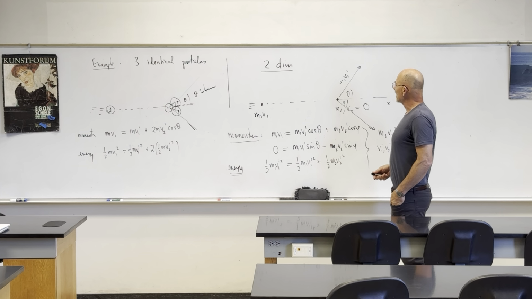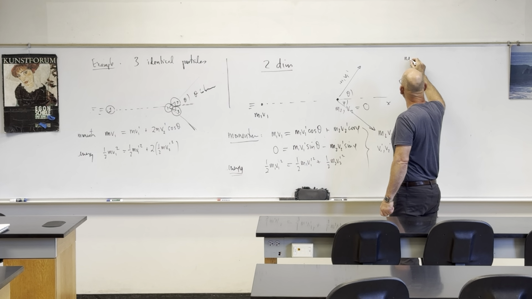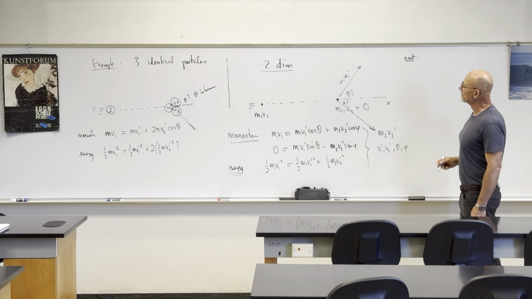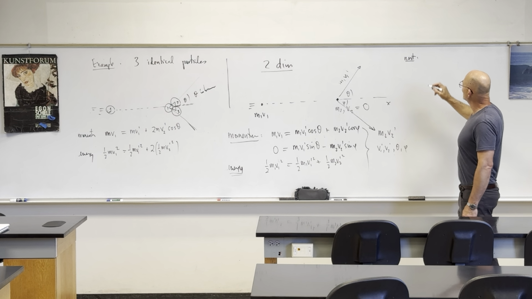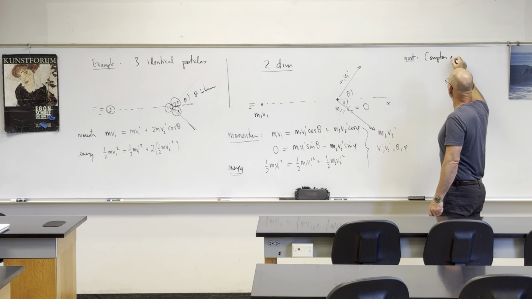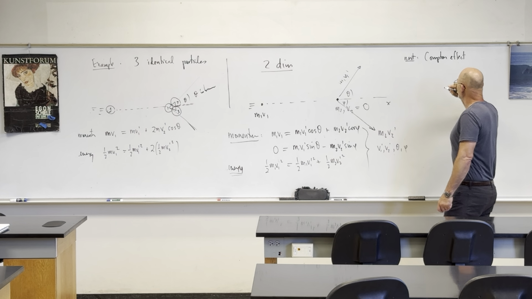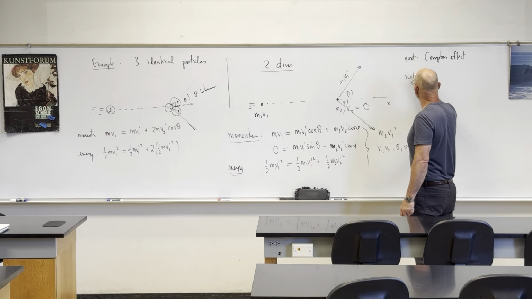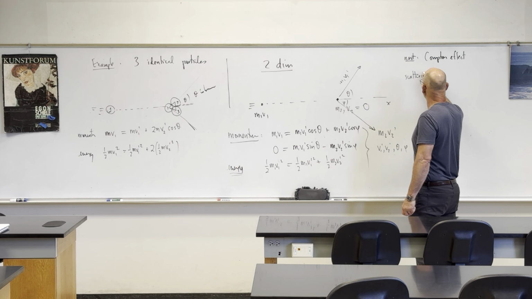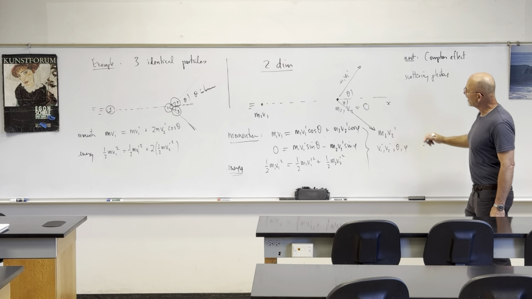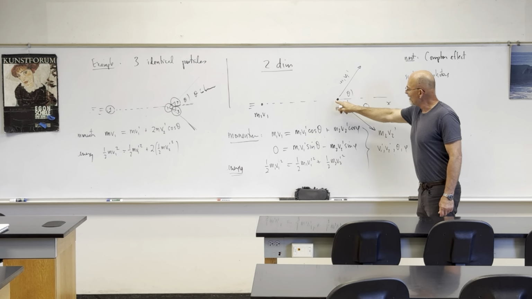What about the Rutherford scattering? I'm just going to put these, even though they're not exactly next, they're a little bit downstream, but Compton effect. So the Compton effect is scattering photons off of electrons.